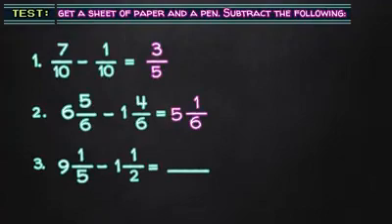Number 3, 9 and 1/5 minus 1 and 1/2 equals blank.